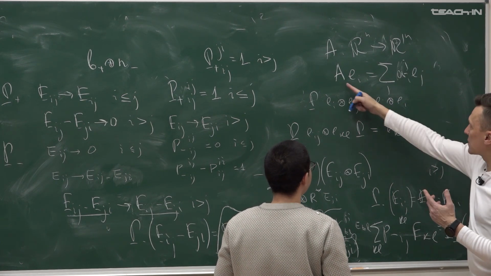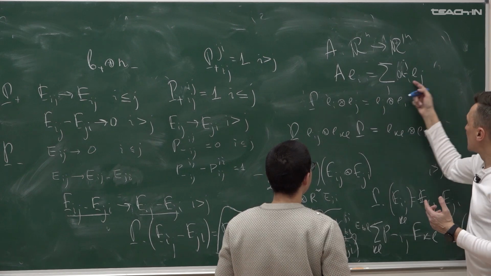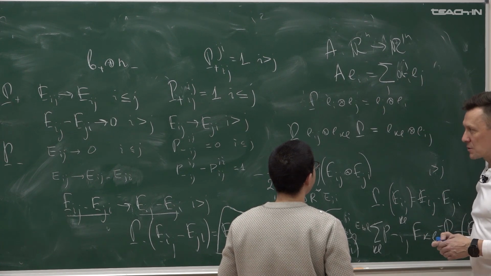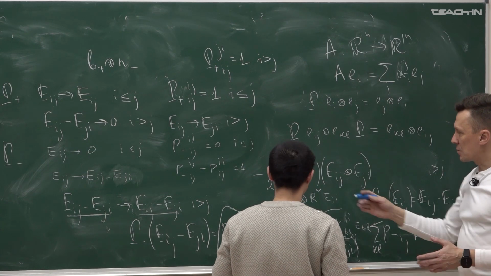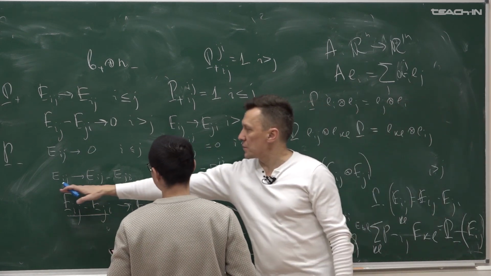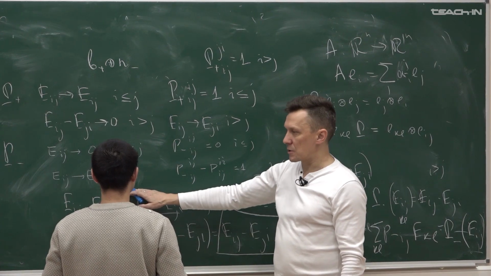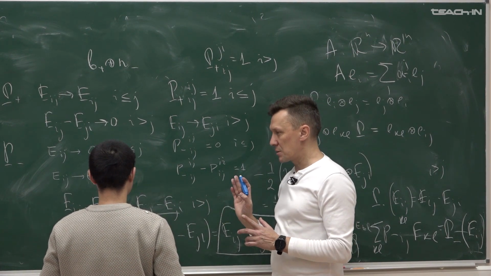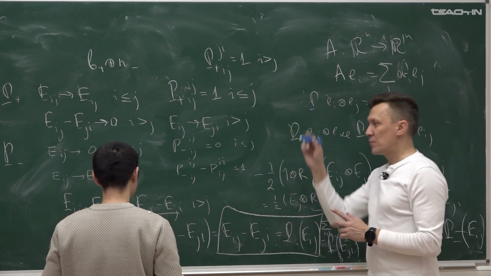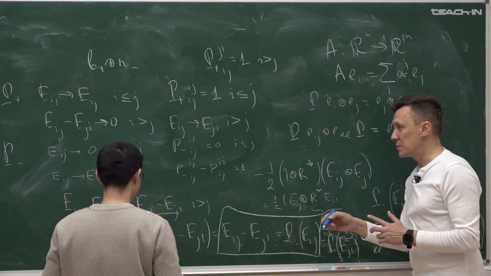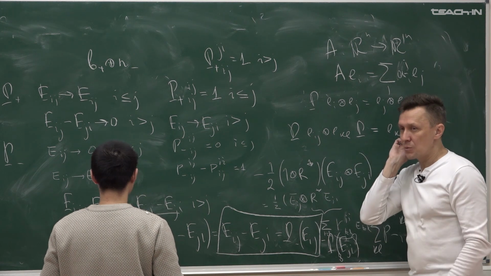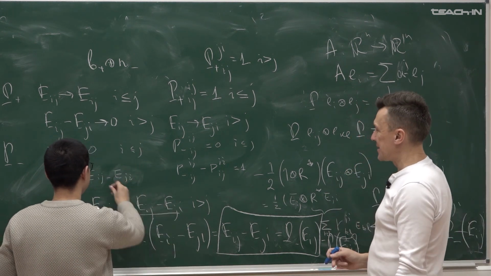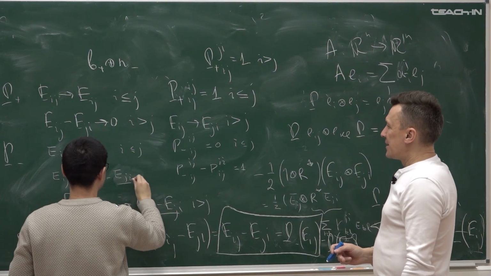So we should expand the image of this vector into the basis, and the coefficients will be the matrix coefficients. Now the image of this vector is a linear combination of vectors. So there are two non-trivial coefficients in the column of this matrix.